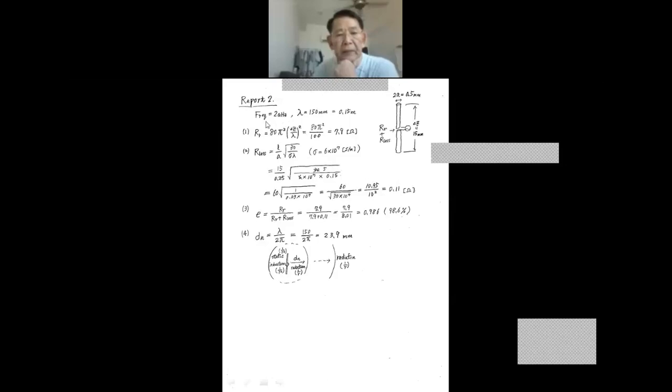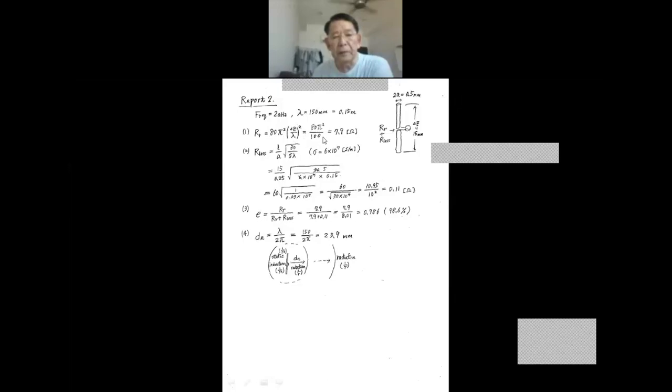The operating frequency is 2 GHz. So the wavelength is 150 millimeter or 0.15 meter. First, the radiation resistance is determined by this equation, 80 pi squared times delta Z divided by lambda, squared. So delta Z divided by lambda becomes 1/10.